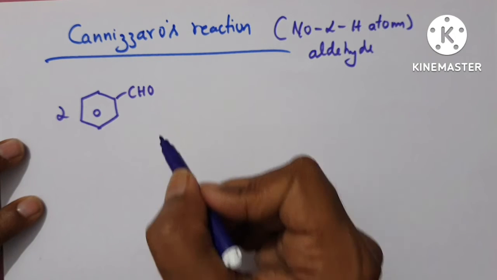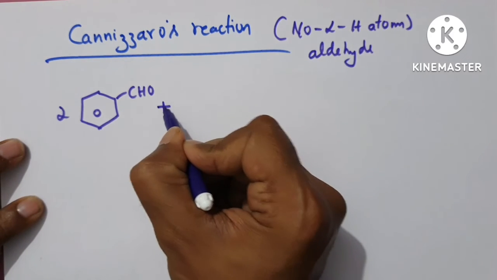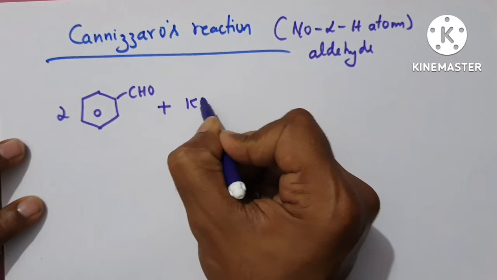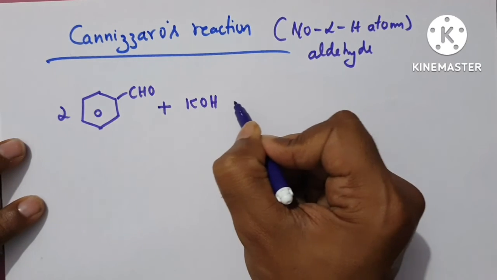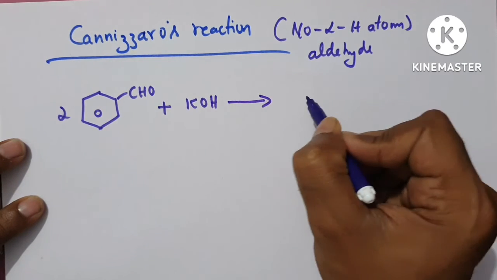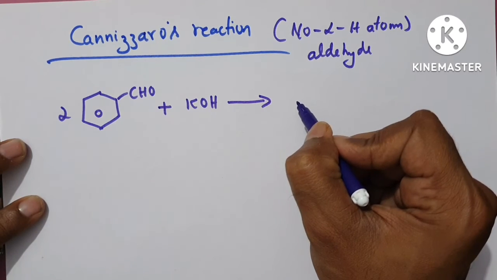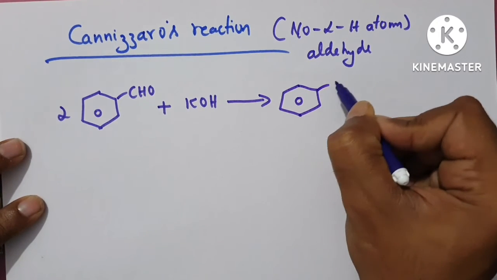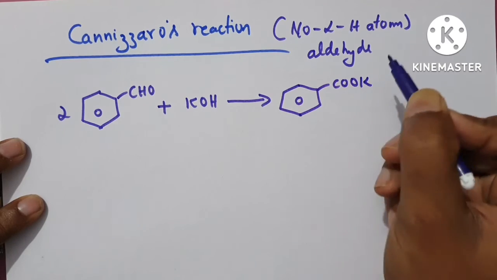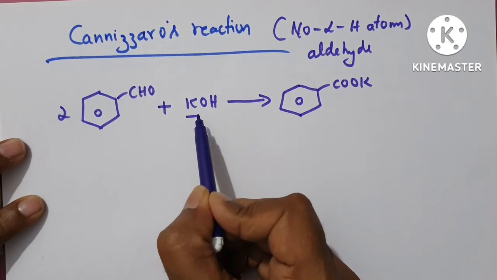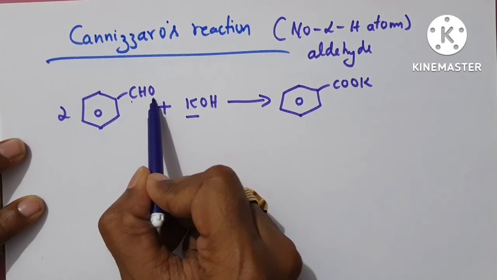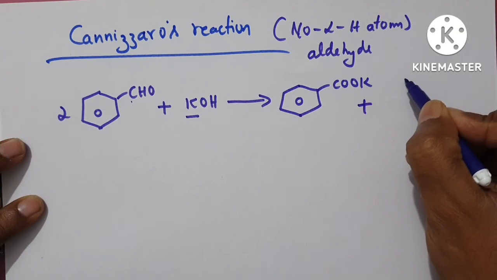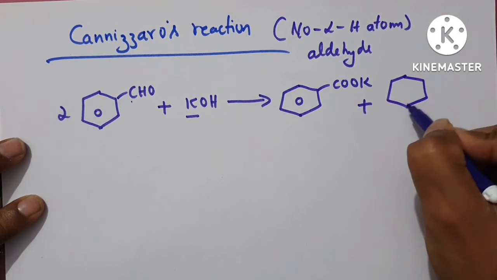When the benzaldehyde reacts with a strong solution of potassium hydroxide, there is a formation of potassium benzoate. This is potassium benzoate. One potassium with one COOK it forms, thereby forming a benzyl alcohol.